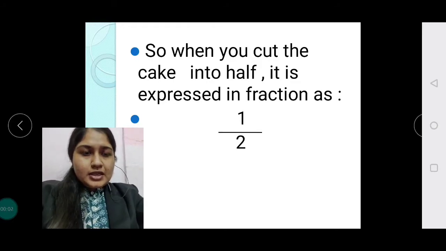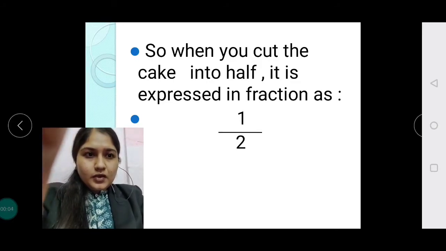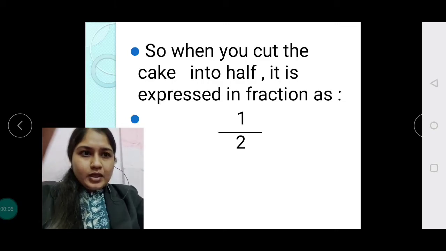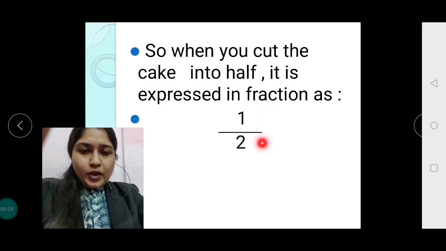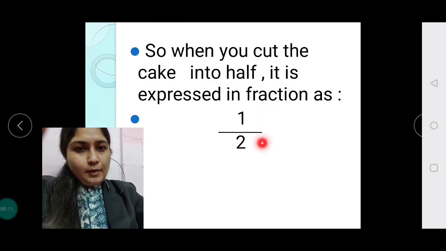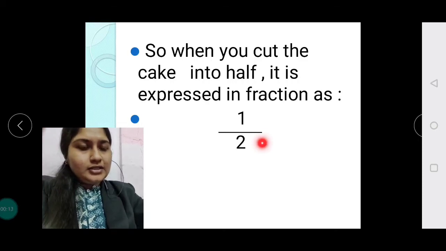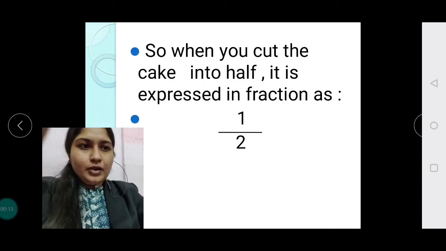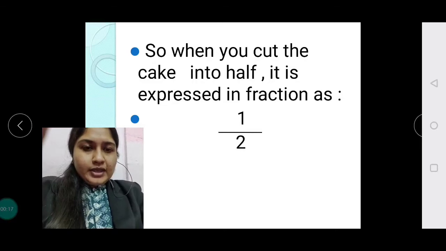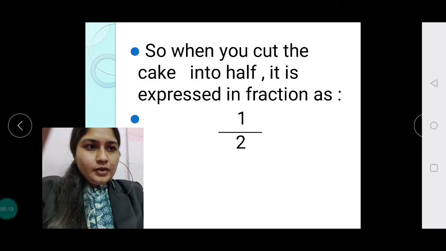As you can see here on the screen, 1 upon 2, or 1 by 2, or a half. Okay, so now let us understand the other example.